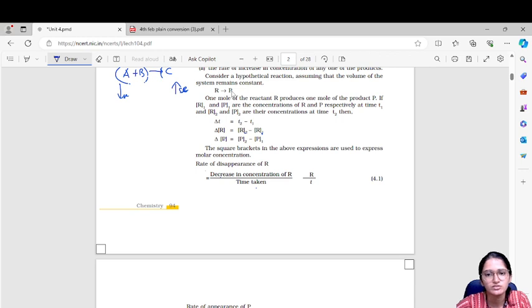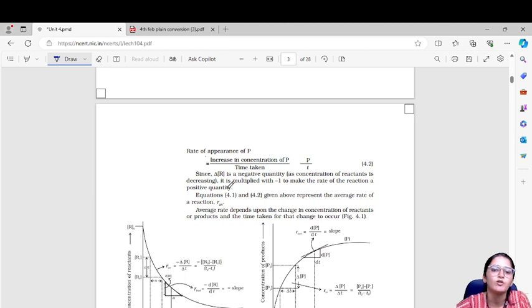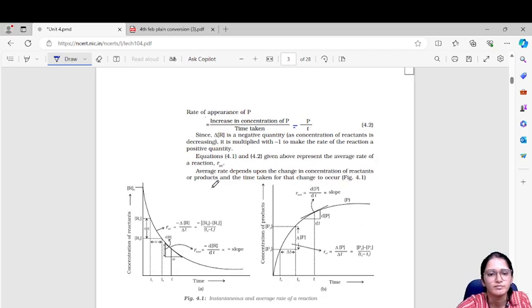So it is given by delta R by delta T. And second is the rate of appearance of P, that is how much product is formed. So increase in concentration of product divided by time taken for it, which is given by delta P by delta T. We will see the equations properly above.